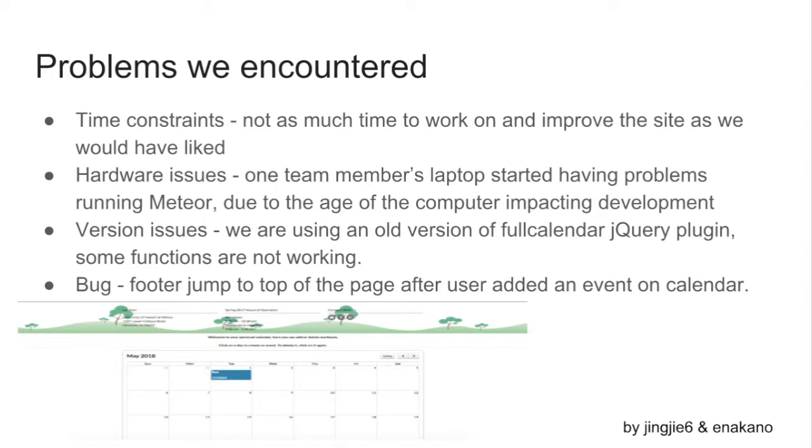So some problems we ran into were the time constraints. We didn't have as much time as we wanted to work on all the features we wanted. Also, hardware issues. Again, one team member's laptop started having problems running Meteor, which is pretty big for testing the website as it is deploying.